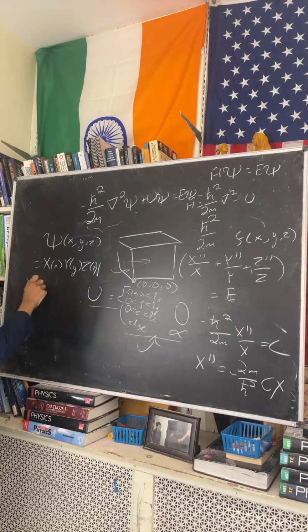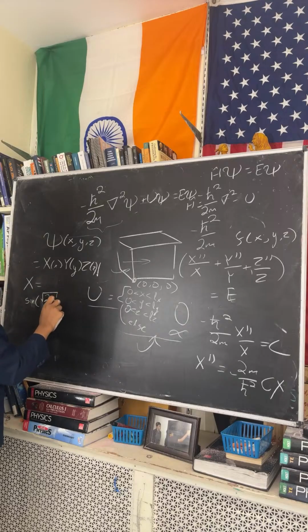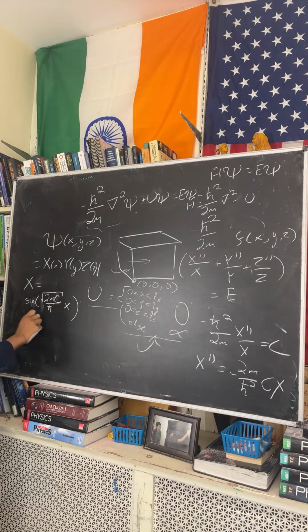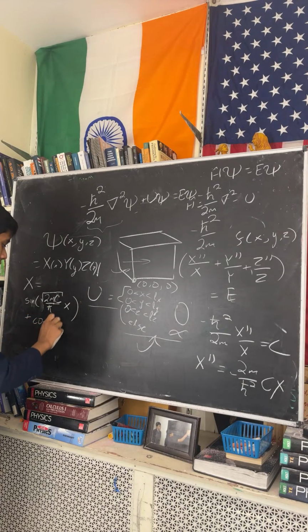X is equal to, we have a linear solution, sorry, not a linear solution, sinusoidal solution, which gives us sine of the square root of 2m over h bar, the square root of 2mc over h bar x plus cosine the square root of 2mc over h bar x.